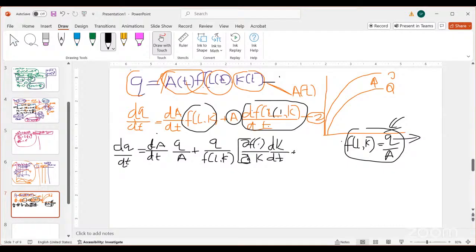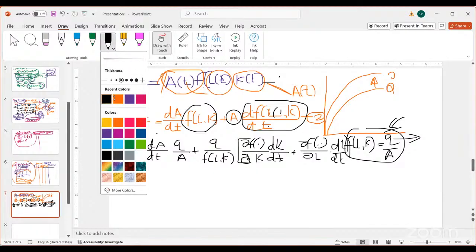Plus, a similar thing for the labor, and also dL over dt.